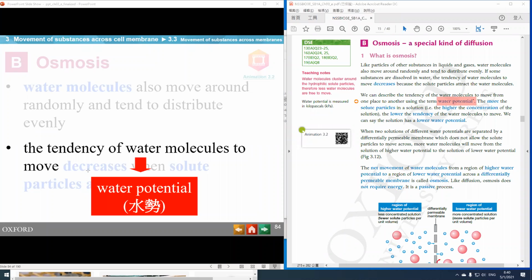Water potential refers to how likely the water molecules want to move away.